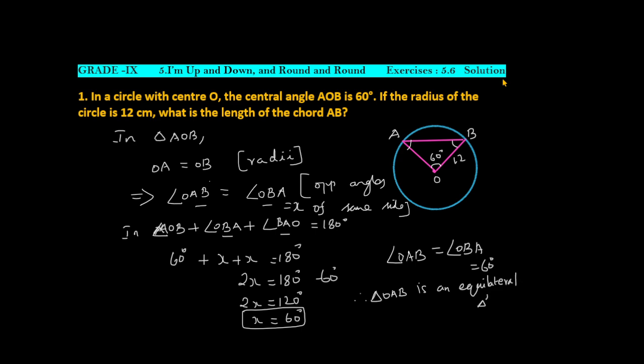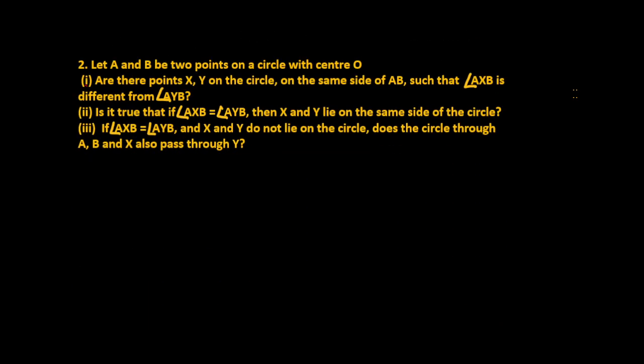So, the length of the chord AB is equal to the radius. All the sides are 12 centimeters. If one angle of an isosceles triangle is 60, then all the angles are 60. It is an equilateral triangle. So, the radius length is the chord length.